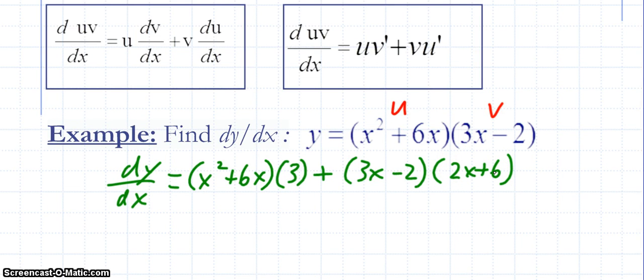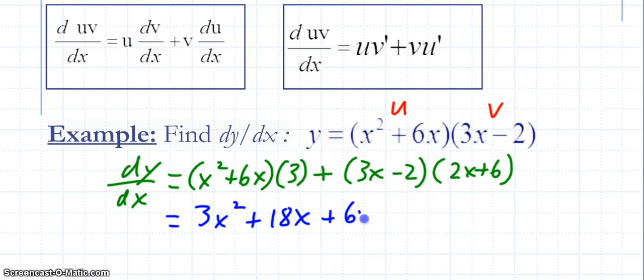So that's my derivative. It doesn't look exactly like the other one yet, so we can do 3x squared plus 18x plus 6x squared plus 18x minus 4x minus 12.